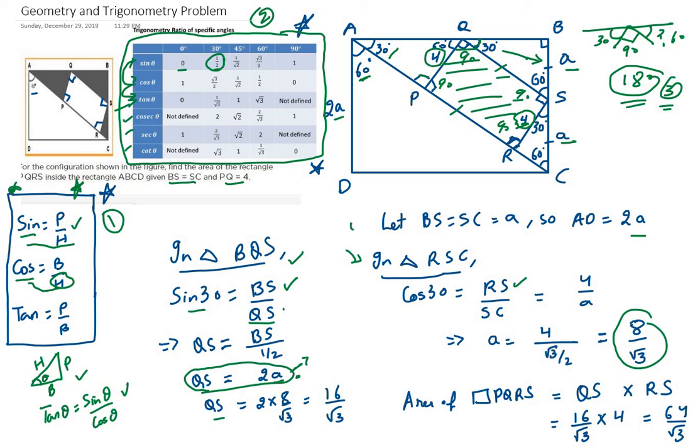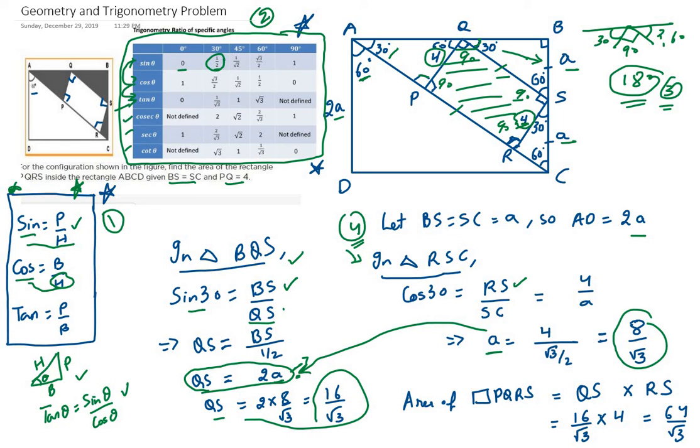This is the fourth concept we used in triangle RSC: cos theta is this. So we know the value of A now, 8 by root 3. We can put this value of A in the result we figured out earlier in triangle BQS. So QS comes out to be 16 by root 3.